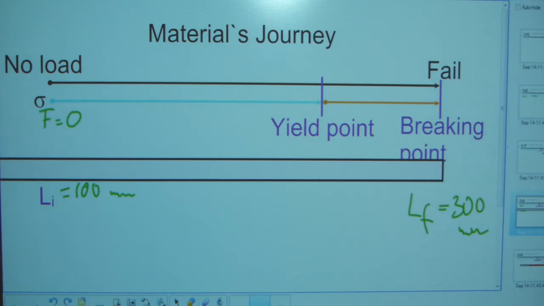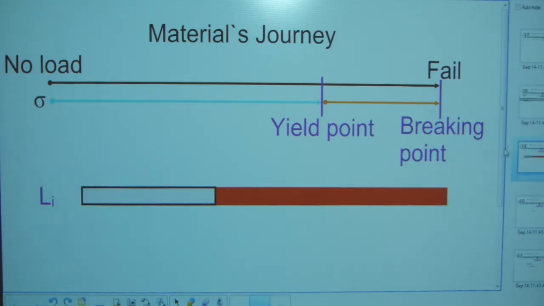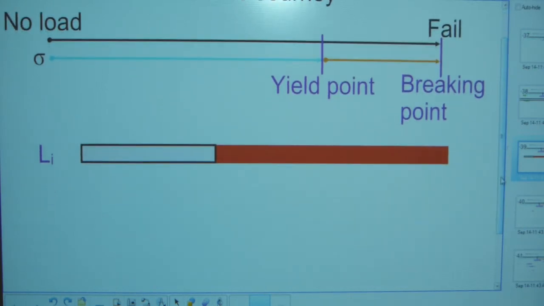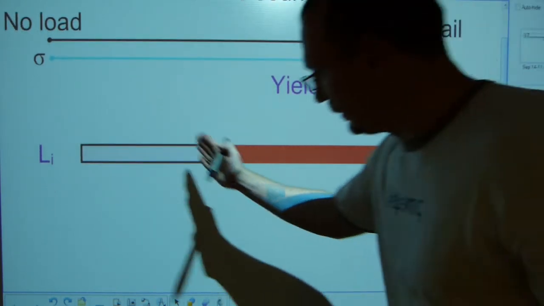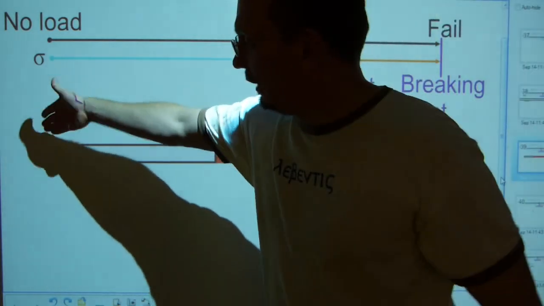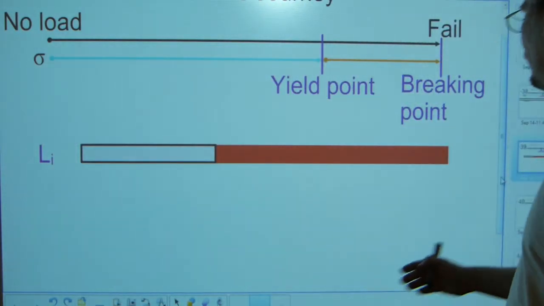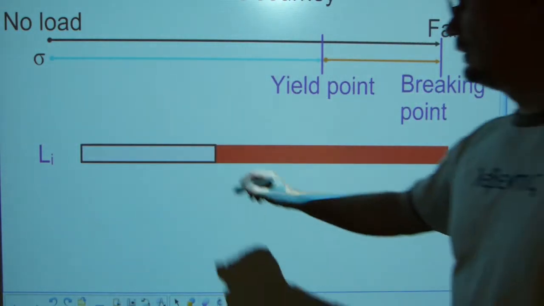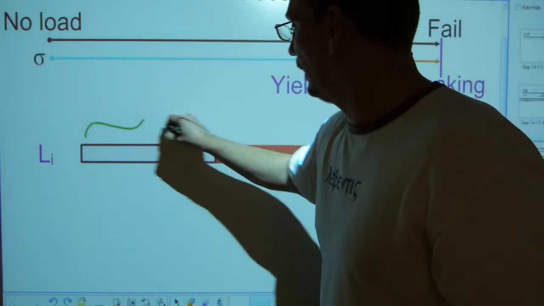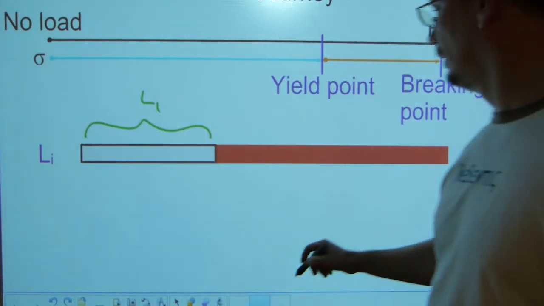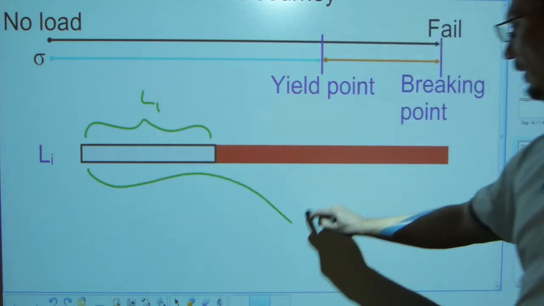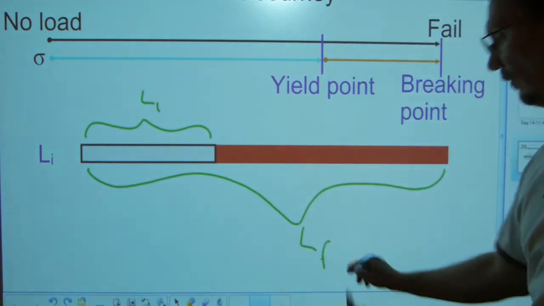How this looks like in a textbook with a little cleaner imagery, looks like this. Their initial length would be this original rectangle, which has to start here, and final length would be there. So this whole thing is length initial. This whole thing is length final.